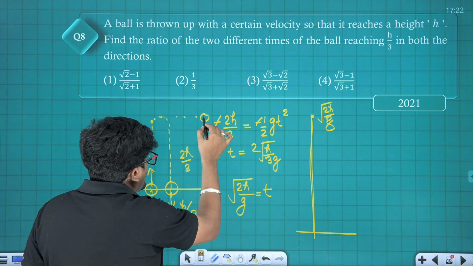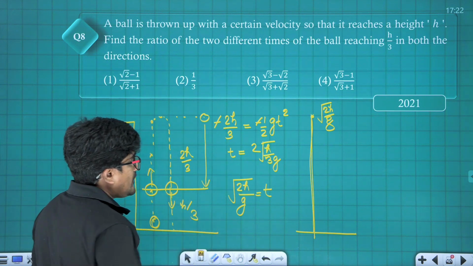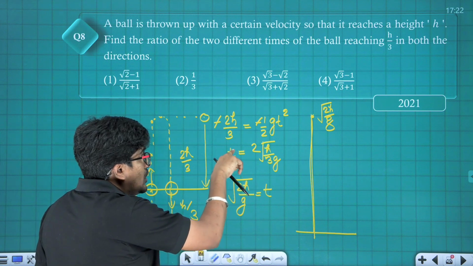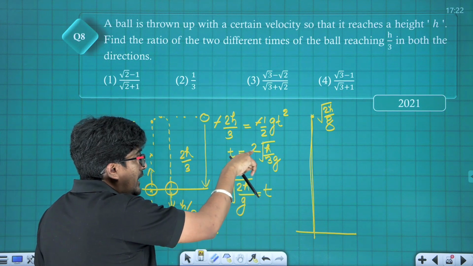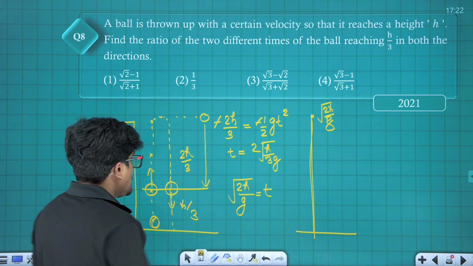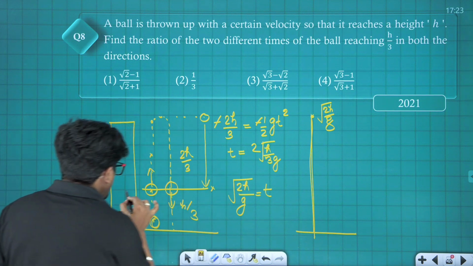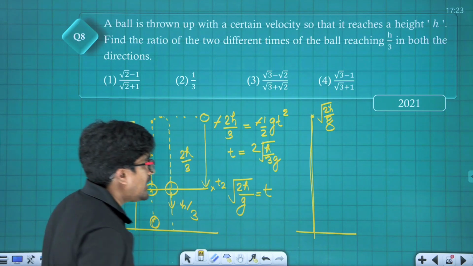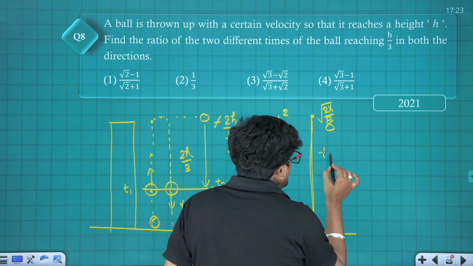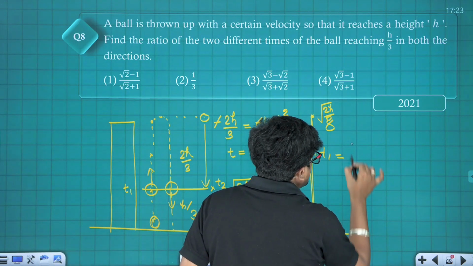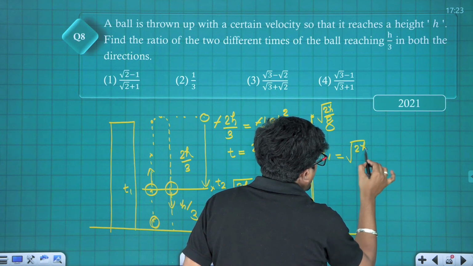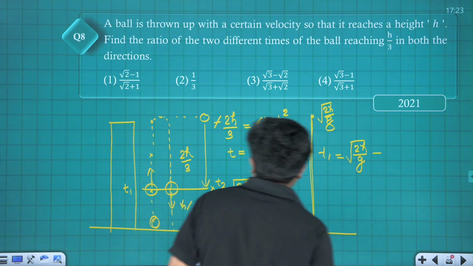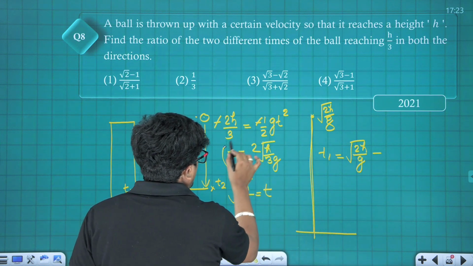The time taken by the body to travel from here to here is root of h by 3g into 2. So if I mark this as t1 and t2, I repeat, t1 and t2, t1 is going to be this time, that is under root of 2h by g minus this time, which one?